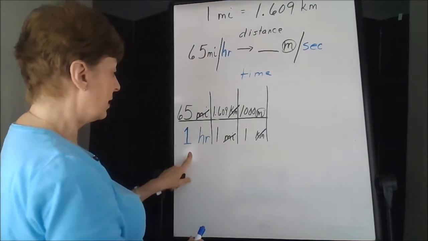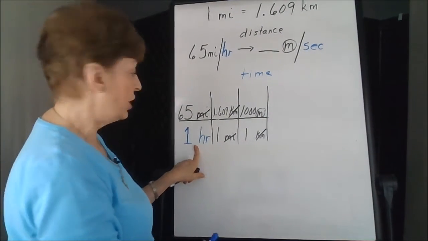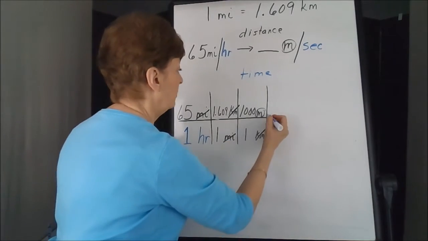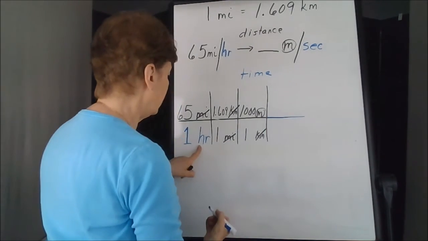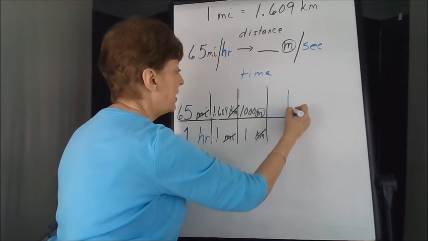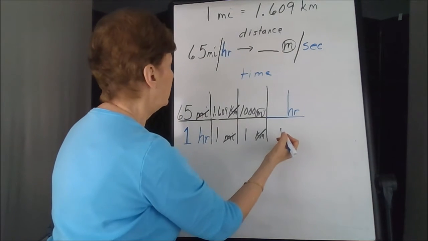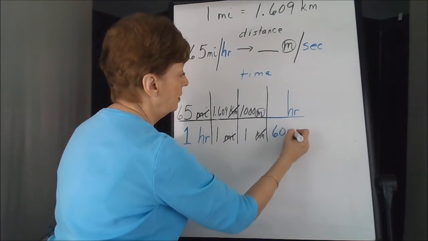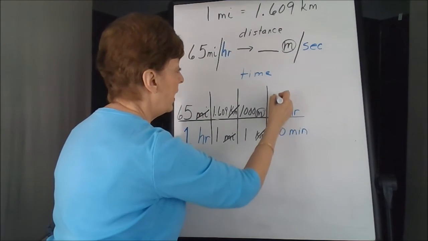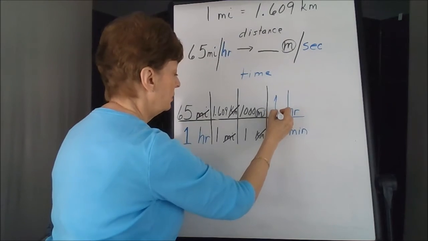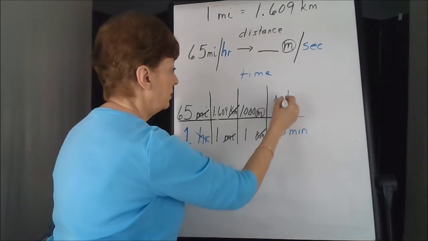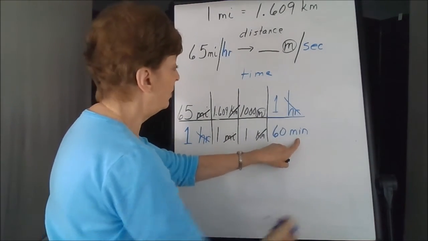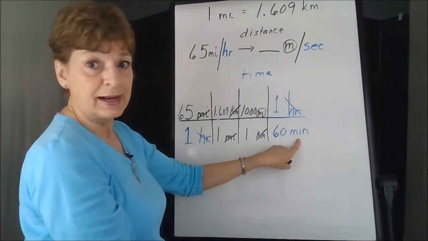Now let's go back and get rid of this hour. We're going to change it. Hours on the bottom, I have to have it on the top. There are 60 minutes in 1 hour. My hours go. But my label minutes does not match what I need.